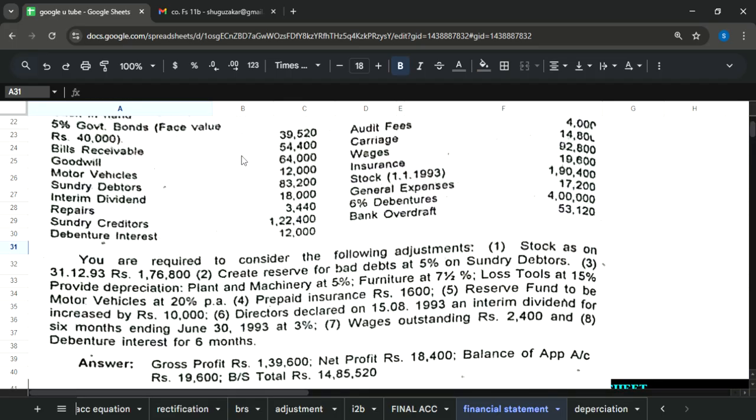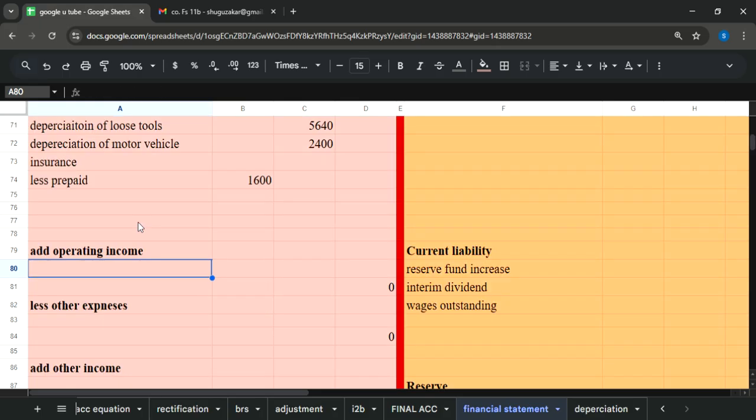Now we'll be focusing upon number 8, debenture interest for 6%. Debenture interest is already present in the trial balance. We can calculate it later on, but we can just write down the amounts.